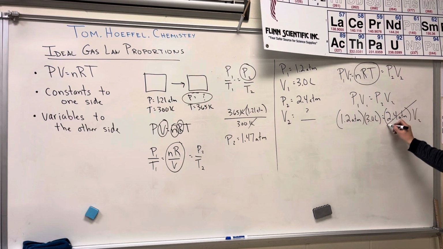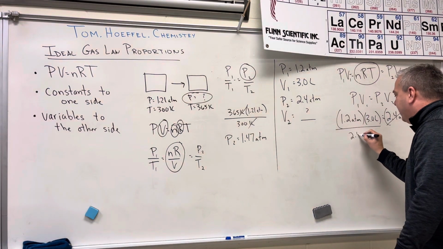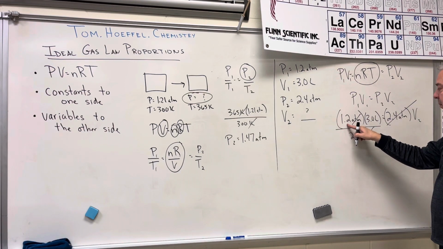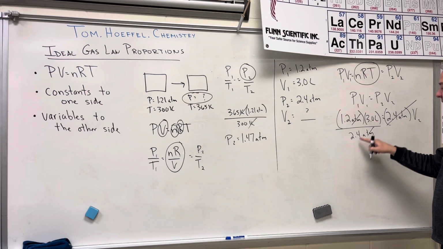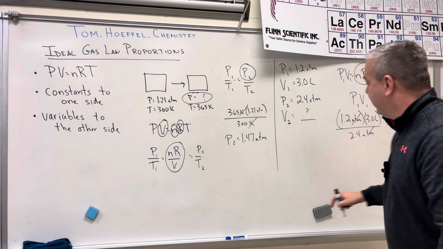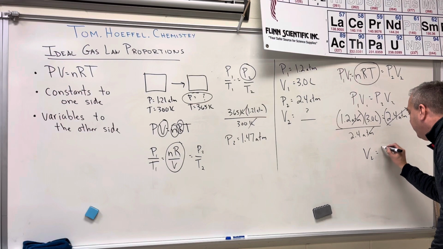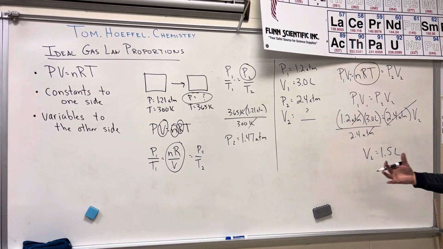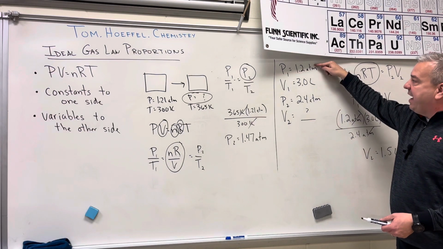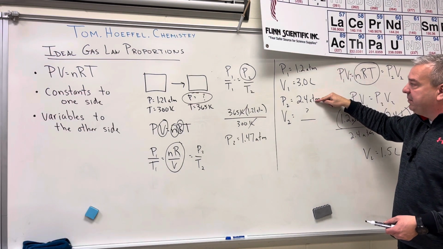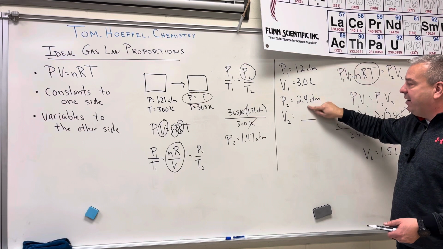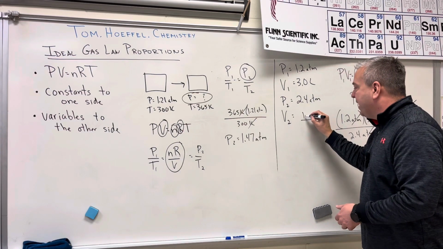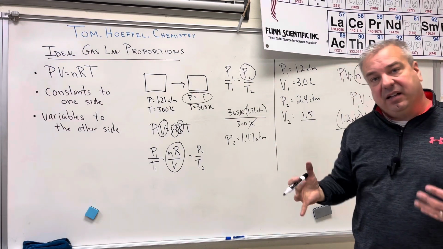So we're going to divide by 2.4 atm on both sides, and then the atm cancel out. 1.2 times 3 divided by 2.4 is going to give me an answer of 1.5 liters. Then we have to ask ourselves, does this make sense? As the pressure goes up, the volume should go down. And as you can see, I doubled the pressure, so my volume goes down by half, and that makes a lot of sense.